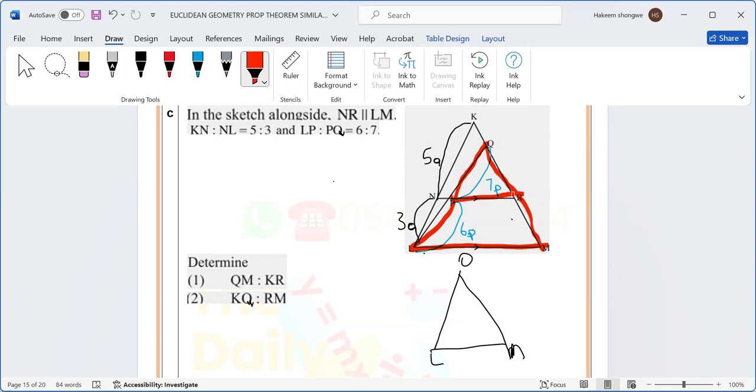Here you have P, and here you have R. From this triangle, you have this one 7P, and then this one 6P.